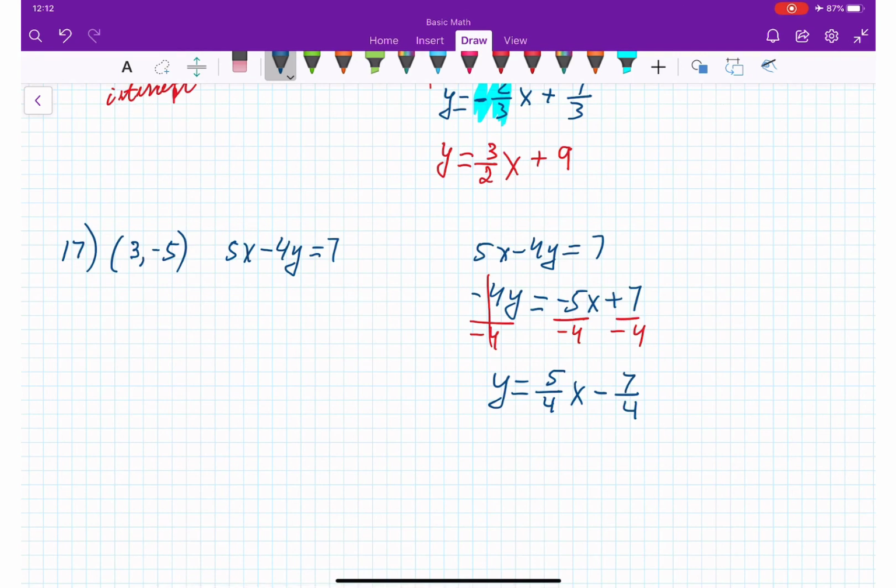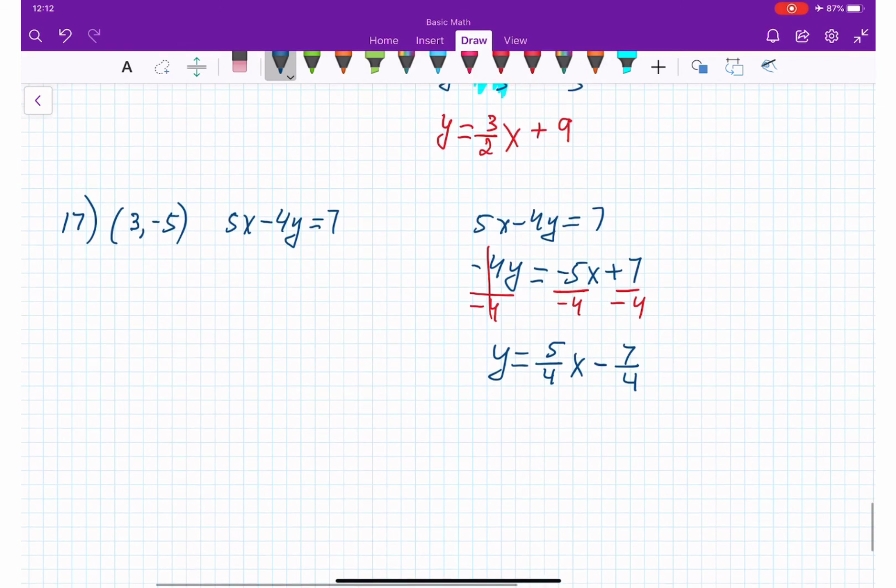All right. So we found the form y is equal mx plus b. Now what are we going to do from here? All right. We are going to use m is equal y2 minus y1 over x2 minus x1.